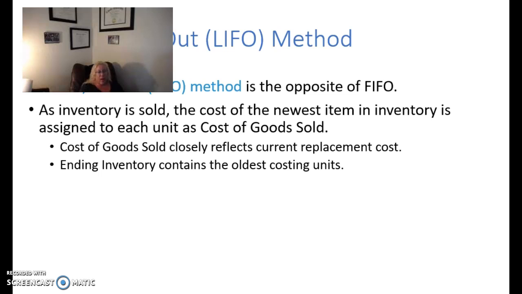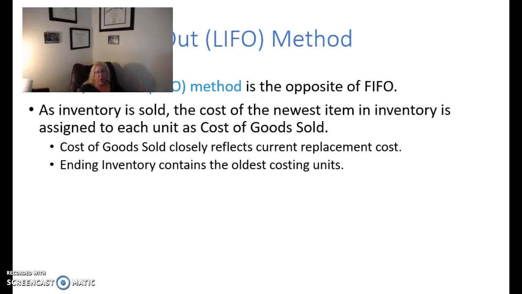And so for accounting purposes, we assume that the units sold were the newest units in the inventory at the time of sale. And we are going to remove the newest units along with their cost from the inventory record, and we're going to leave the oldest units available to be assigned to the next sale.